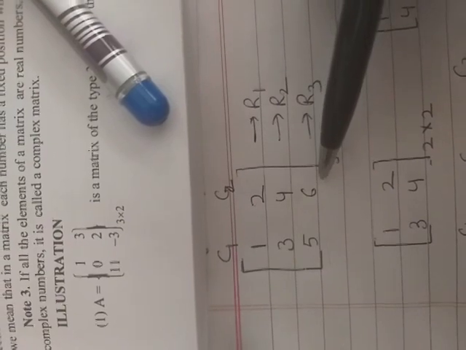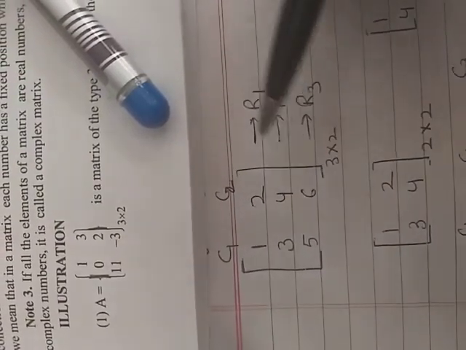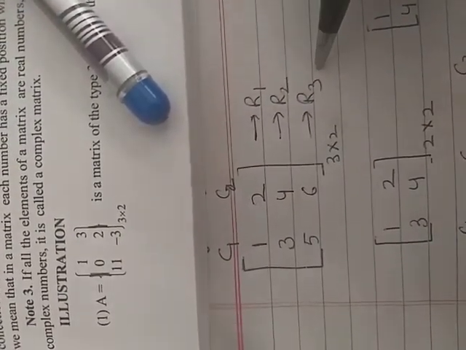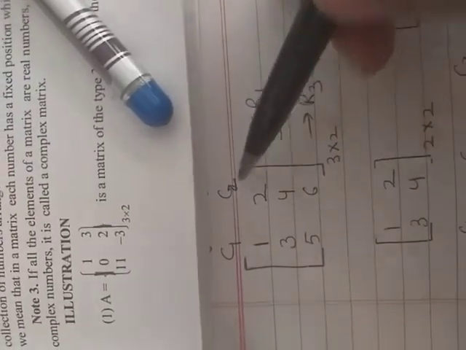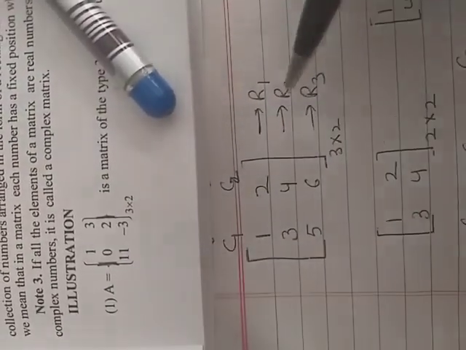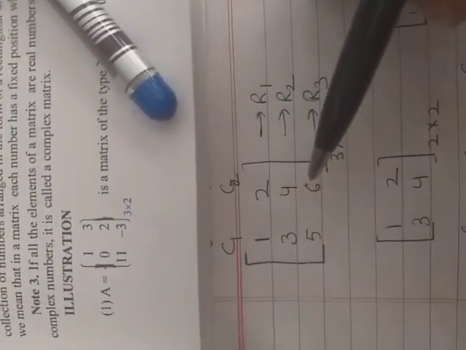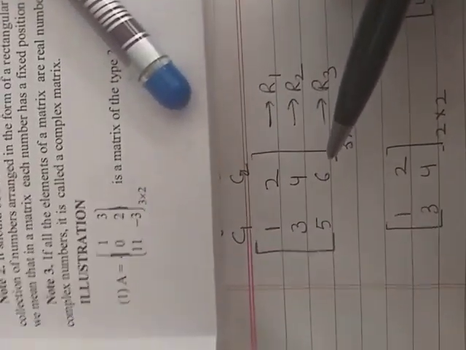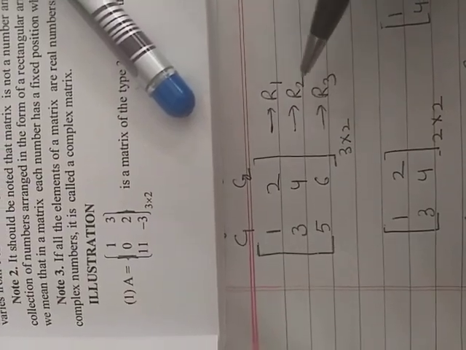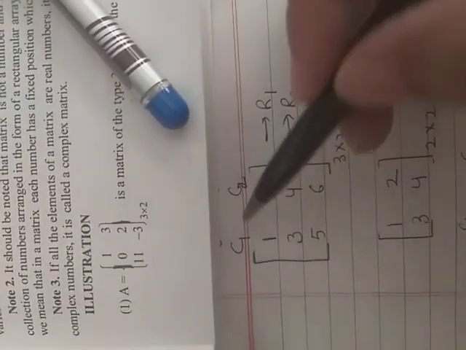So in this matrix I have written 6 elements arranged in 3 rows and 2 columns. So horizontal lines are referred to as rows and vertical lines are referred as columns. So this is a matrix containing 3 rows and 2 columns.